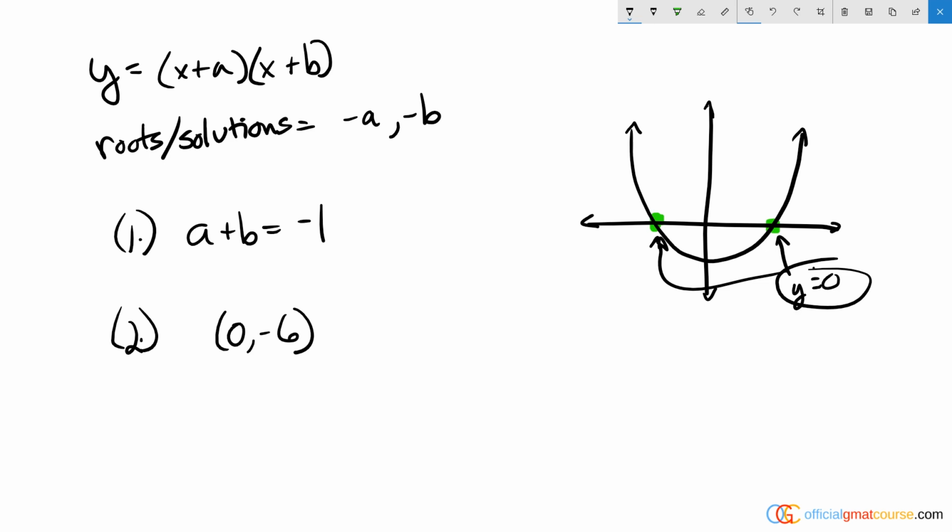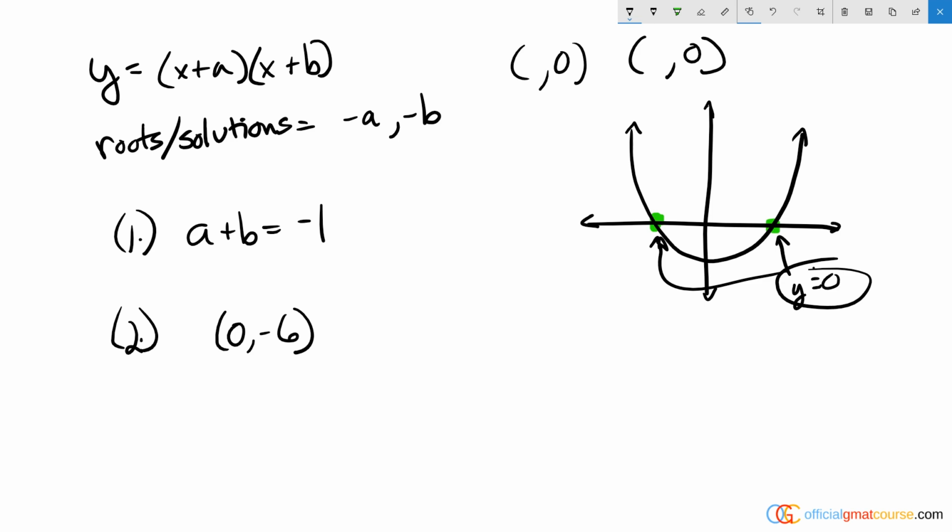So we have 2 points here where y does equal 0, and we have some other point for x. So both of these points are going to be something for the x and then a 0 for the y.